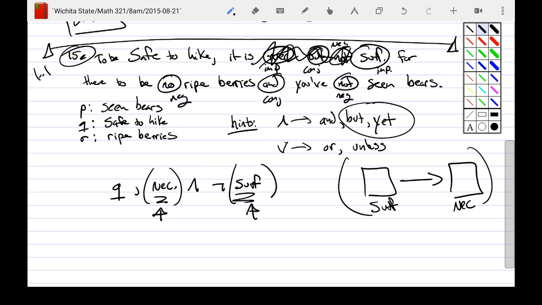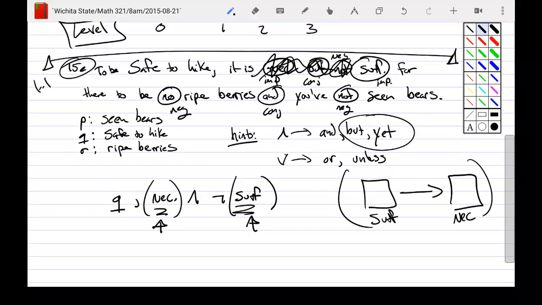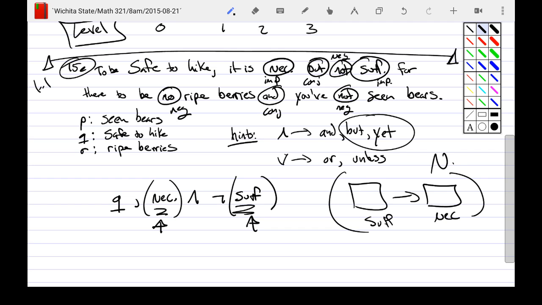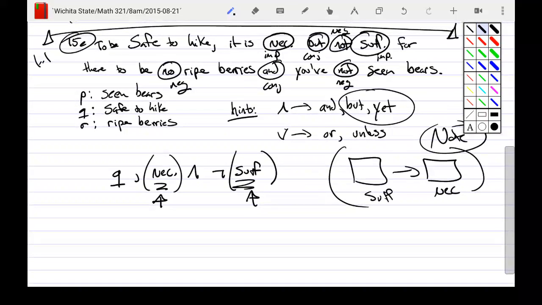All right. I needed to keep that. I'll rewrite that here because I need to get rid of my squiggles. Box implies box. This side is necessary. This side is sufficient. And that's just simply a note, right? All right, so this necessary thing is what? I said that the no ripe berries and not seen bears is necessary. So which side of the implication does it go on? Right, the right. And so this altogether becomes Q implies no ripe and no bears.